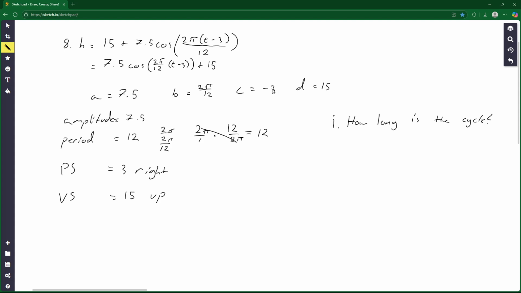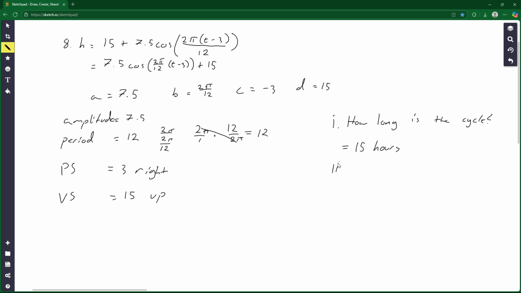We need to add on this 3 since our phase shift is 3 to the right. So how long is the cycle? It is going to equal 15 hours. And this is how long it takes to go through the entire tide cycle.